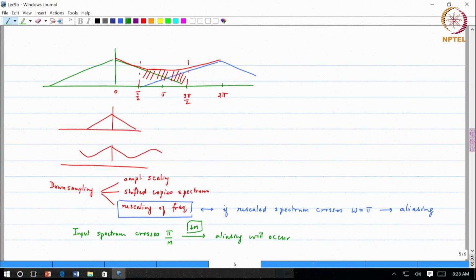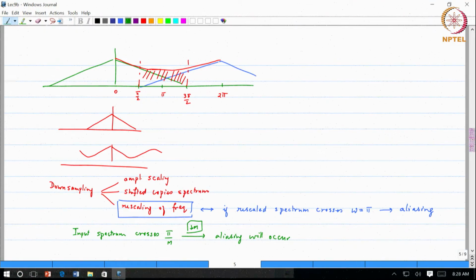Basically, we have shown that the input signal spectrum is periodic. When I do the downsampling, there is amplitude scaling, shifted copies of the spectrum and a rescaling of the frequency. And we have shown that if the input spectrum has content beyond pi over m, then the downsampling process will introduce overlapping of images.